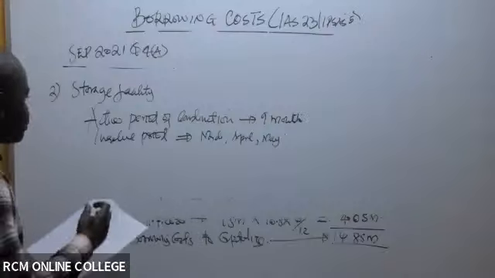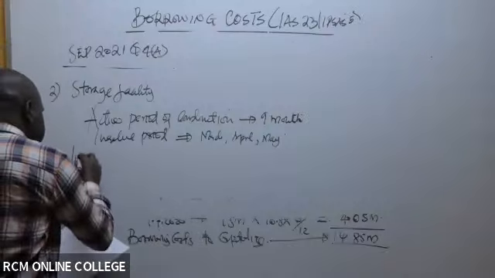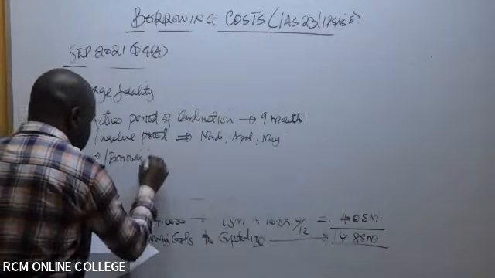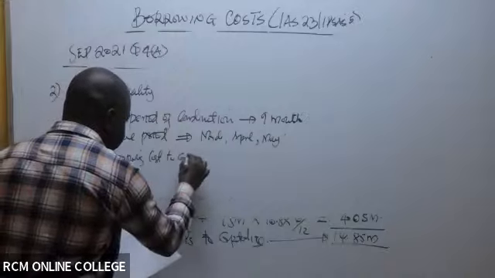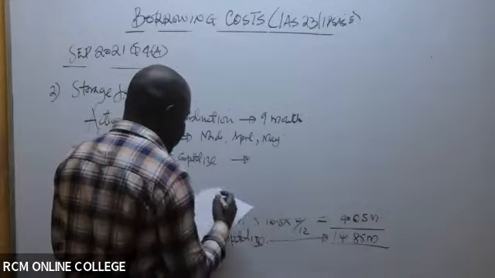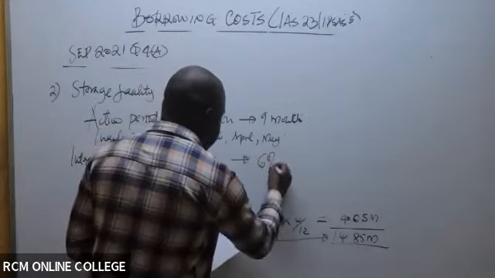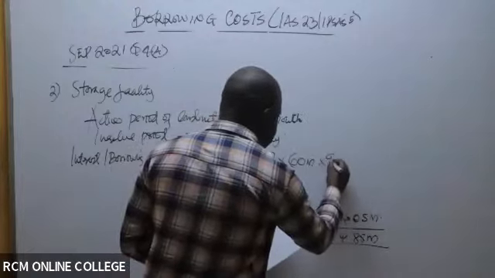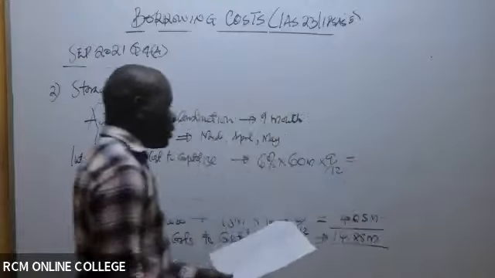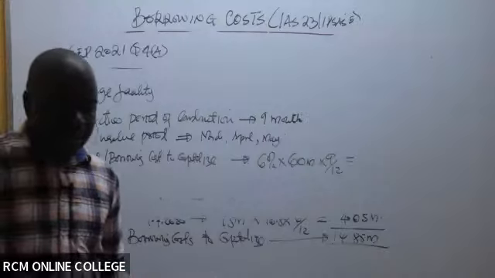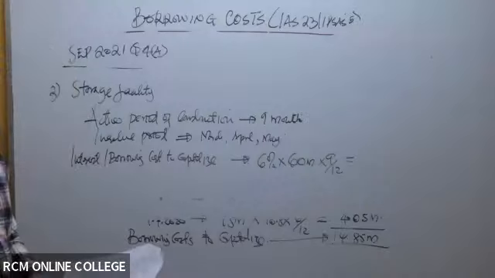So the borrowing cost to capitalize will be, remember the debentures were at 6%, 6% multiplied by 60 million, multiplied by 9 out of 12. When you do that computation, what are you getting?